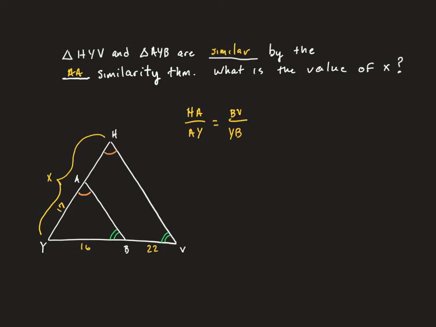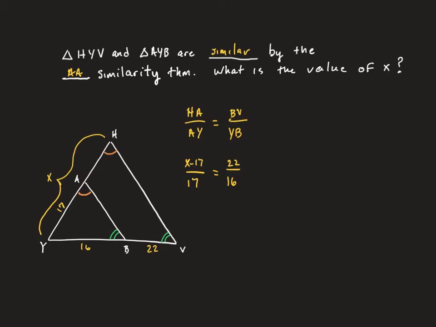And then if I do some substitution, that means HA is going to be X minus 17 all over AY, which is 17, and that is going to equal 22 divided by 16.